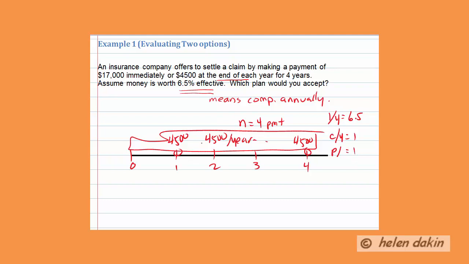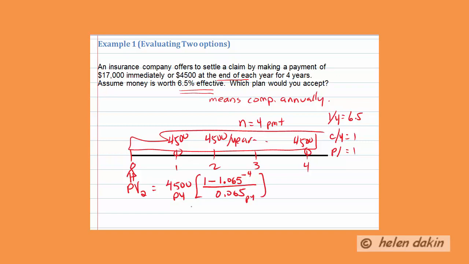So the present value, or the cash value, of option number 2 is simply $4,500 per year multiplied by the present value factor for ordinary annuities, which is 1 minus 1 plus 0.065, 6.5% per year for 4 yearly payments, divided by 0.065 per year.